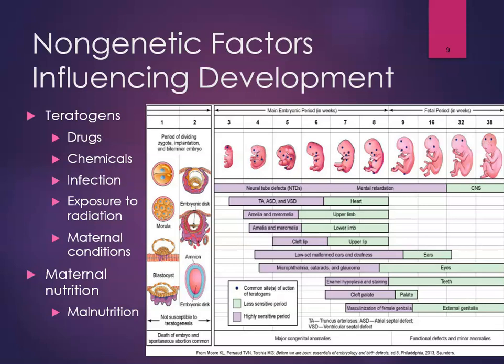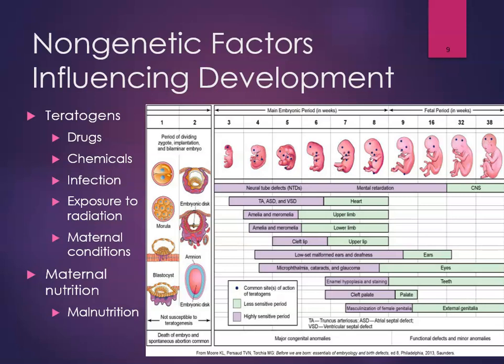And that is why it's so important to understand fetal development and when it occurs, because it helps us determine, when exposure occurs, what may be the potential outcomes. And that sensitivity is going to change a little bit based on timing as well.